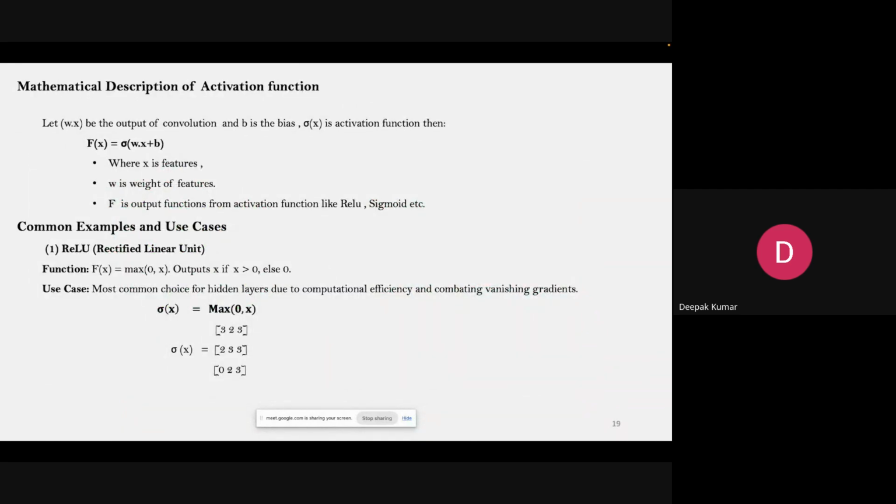When we talk about activation functions, it's a simple combination of non-linear functions, but it should also follow some mathematical characteristics. Usually we prefer functions that are mathematically smooth.